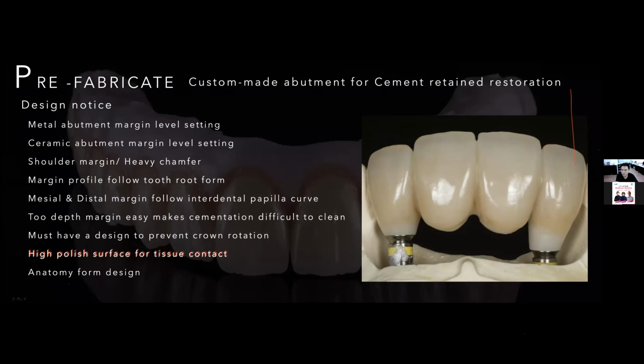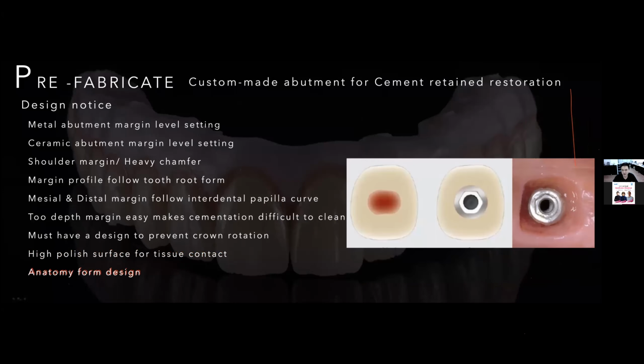So if you stain or apply glaze on this area, before you send the case to your dentist, polish it and remove the stain and the glaze in this area, because that will help the restoration in the patient's mouth work better, and the patient's tissue will grow well. So please don't apply glaze or stain under the tissue.